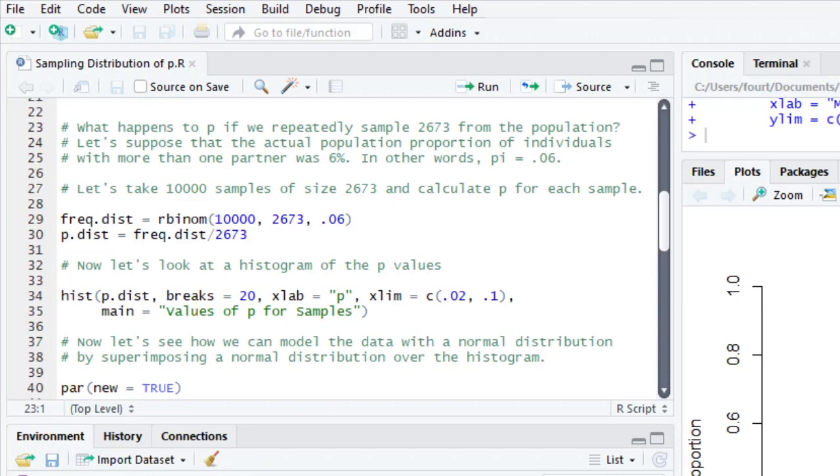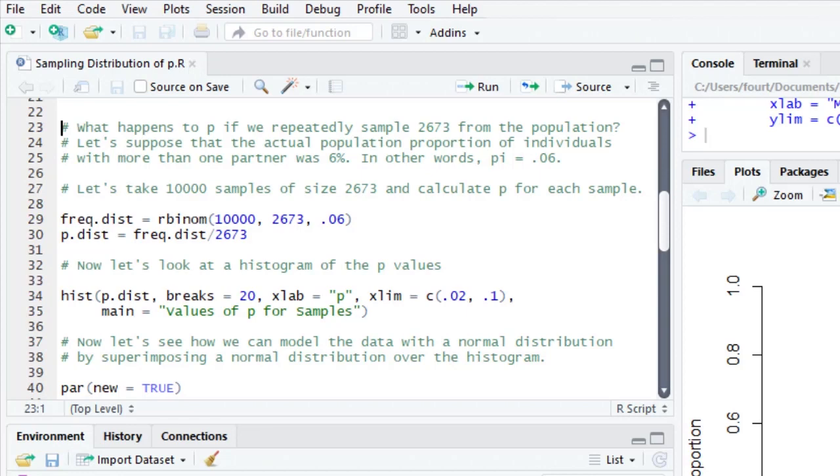If you are wondering how do you know that the population's value is 0.06, I do not. I'm going to run a simulation in which we use a population with a proportion of 0.06 who would say that no, they were not monogamous in the past year.